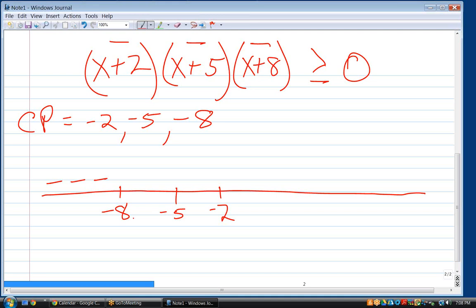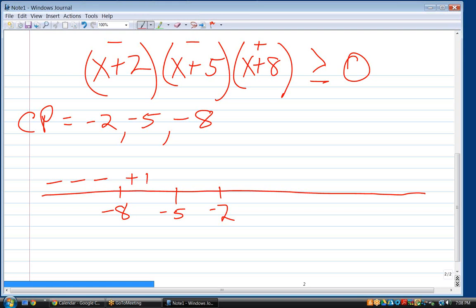Now pick a number between -8 and -5. -6. Okay. What is this term when x is -6? Is it positive or negative? Negative. This term, negative. And this term. Negative times negative is positive.